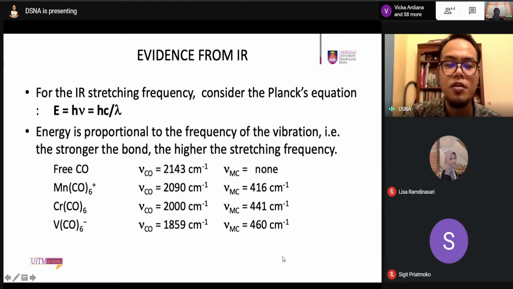We could easily see. And then when we complex with manganese, it reduced to 2090. Kita complexkan lagi dengan chromium, reduce lagi jadi 2000. And we complex with vanadium, it reduced to 1859. So we can ignore this first. Yeah? We focus on the frequency of carbonyl.